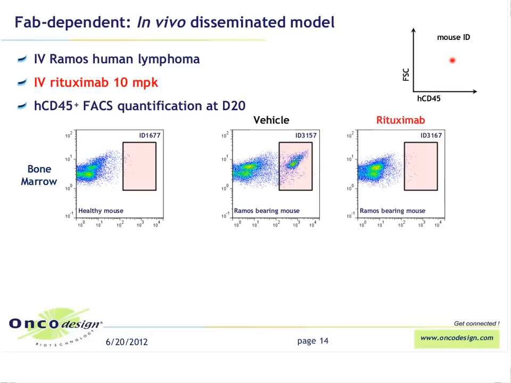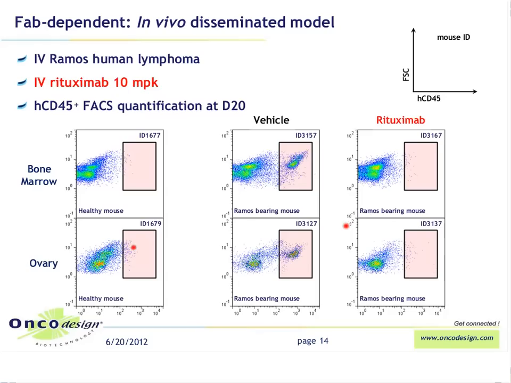When treated by rituximab, we have a very, very significant decrease of this charge of tumor cells in the bone marrow that is clearly related to the survival increase.